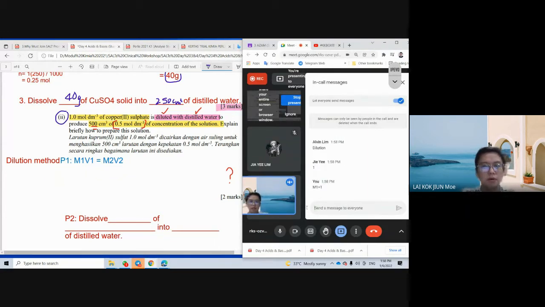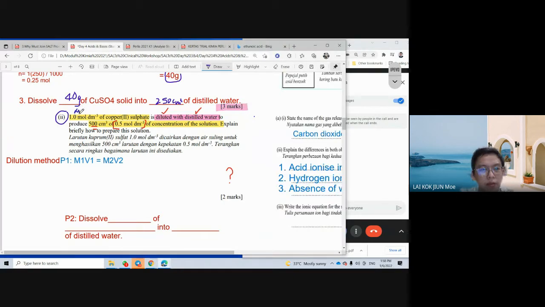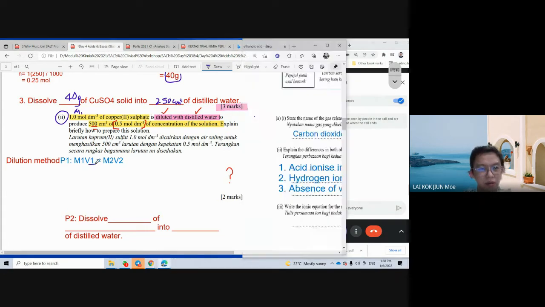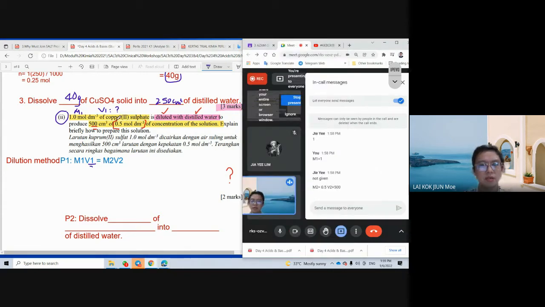M1 is 1.0. So every time you do, you label it. Okay, volume 1. JE, volume 1 not given, so you cannot do. You have to find out volume 1. How about molarity 2? Molarity 2 is the after dilute. So your M2 will be 0.5 here.